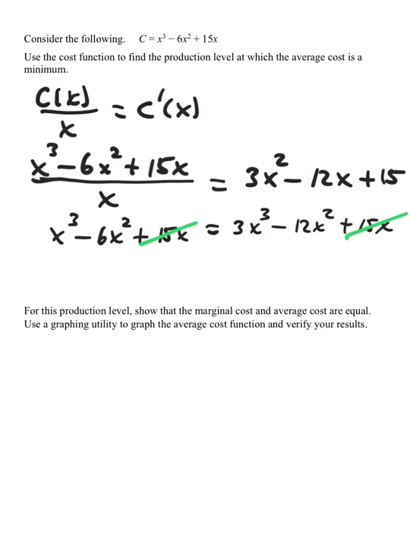Subtract x cubed from both sides. Add 6x squared. Factor out a 2x squared. That leaves x minus 3.